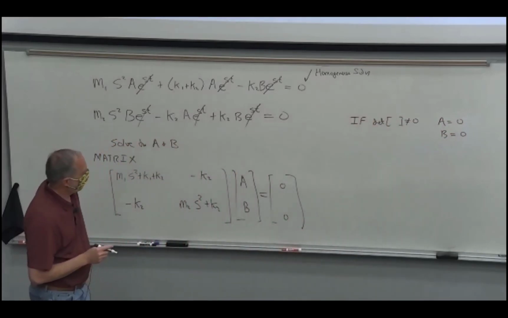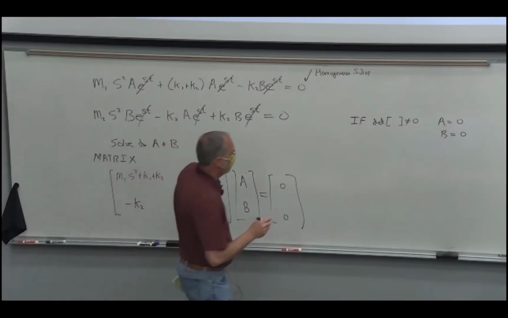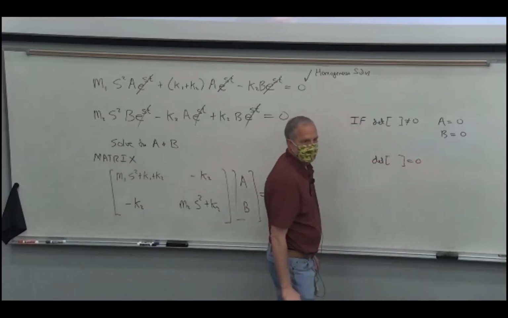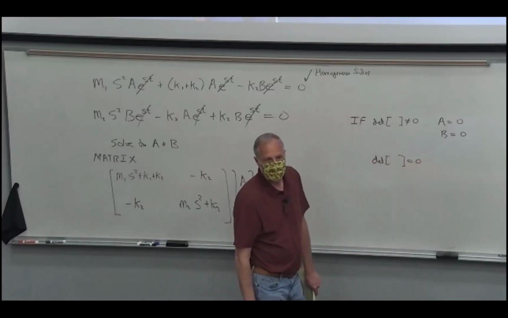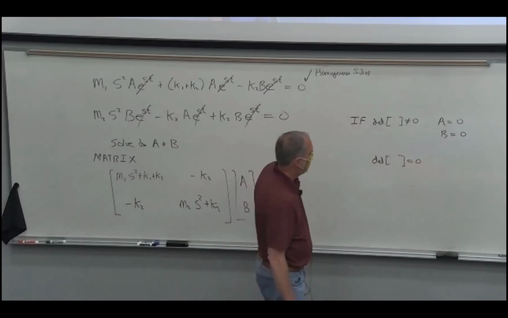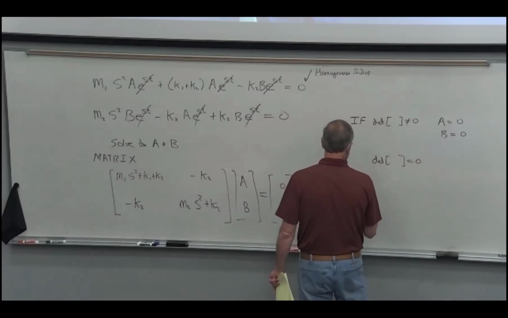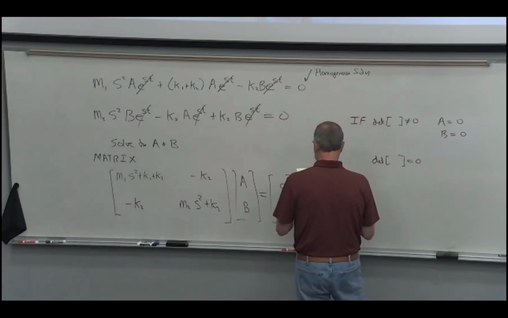But the math guys have said, well, what about the other case? What if the determinant is 0? Then maybe we can get an A and B that works. And in fact, this is the solution we're looking for, is we set the determinant of that thing equal to 0.